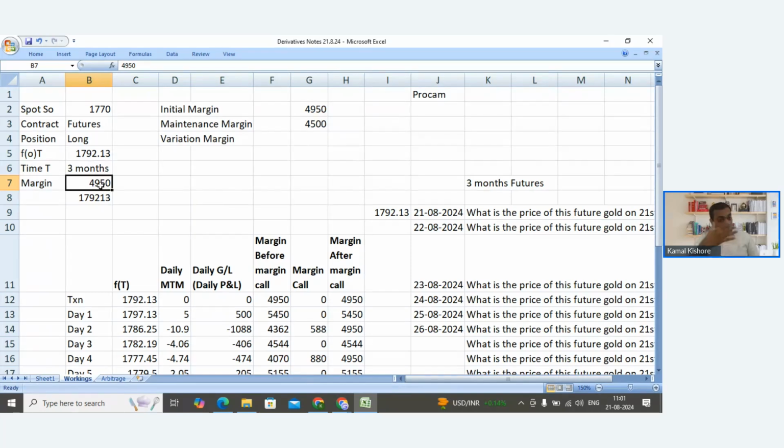I can borrow this 5,000-6,000 of margin at a certain interest rate. So let's say I borrow roughly 6,000 rupees at an interest rate of 10%.